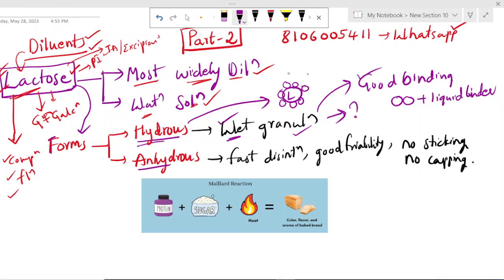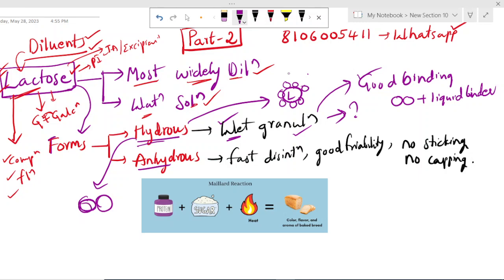The presence of moisture in hydrous lactose aids the cohesion of granules.